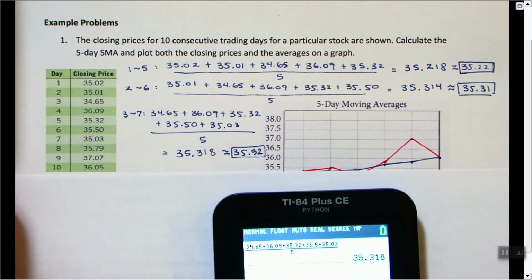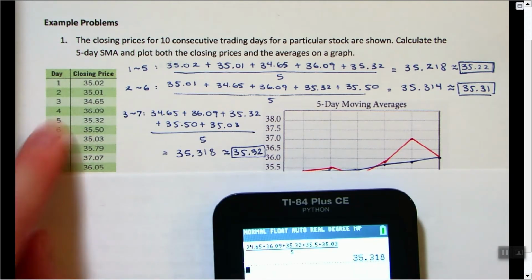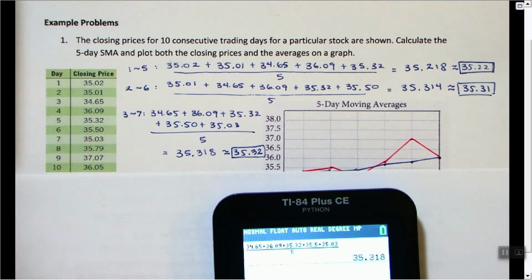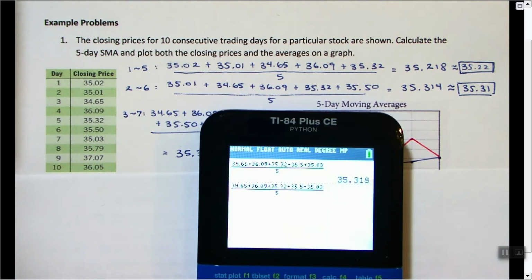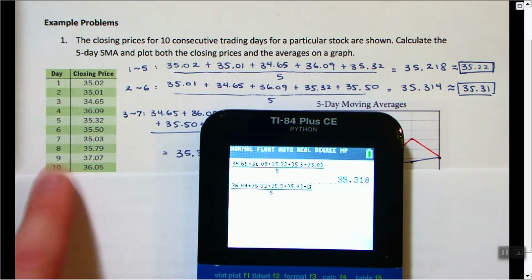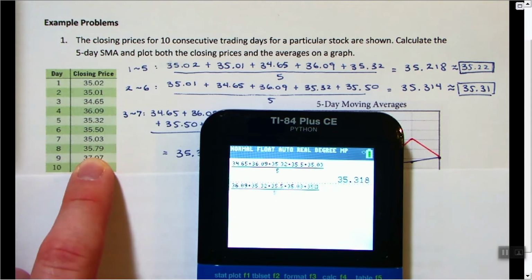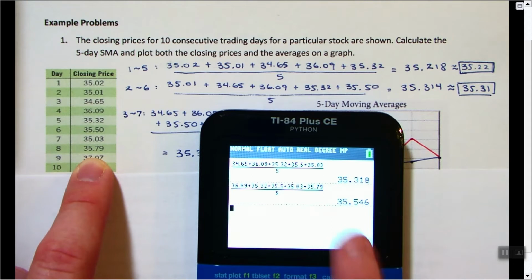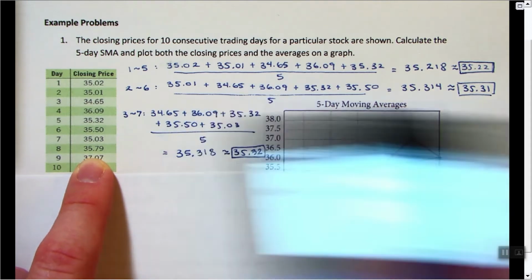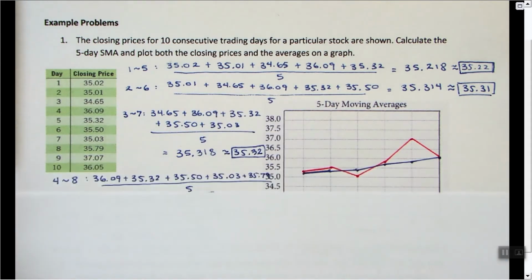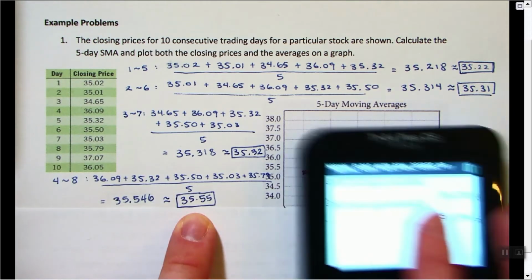Now to find the next one, which would be days 4 through 8, I would hit second enter, go back and delete the previous first one, and then go over here and hit plus the next one, the 8th, 35.79. That gives 35.546, which is right here, and rounds to 35.55.